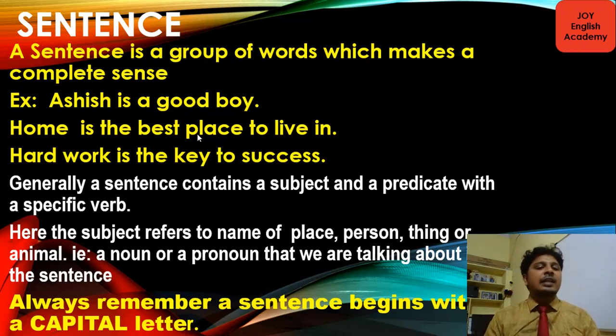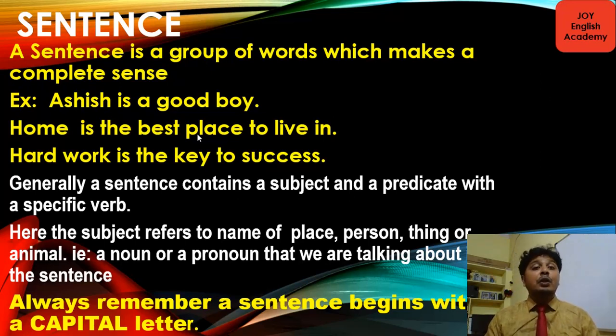Generally, a sentence contains a subject and a predicate and also a specific verb. If there is no verb in a sentence, then it is not considered a sentence. It should contain a subject, it should contain a predicate, and also there should be a specific verb. Then only it will be considered a sentence. Right children?